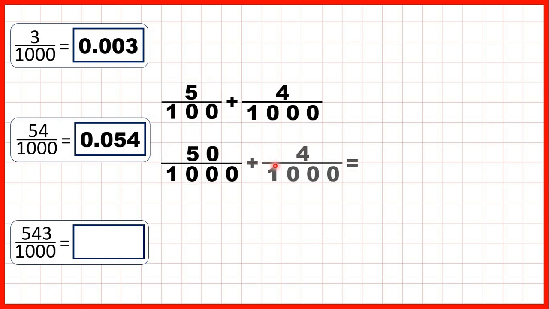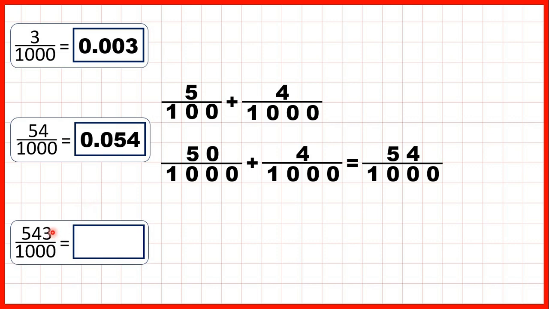So then we can add the 4/1,000ths, and we have a common denominator. So the denominator stays the same in our answer, and 50 plus 4 is 54. And that's why we can write 54/1,000ths as a decimal with 5 in our hundredths place value column.